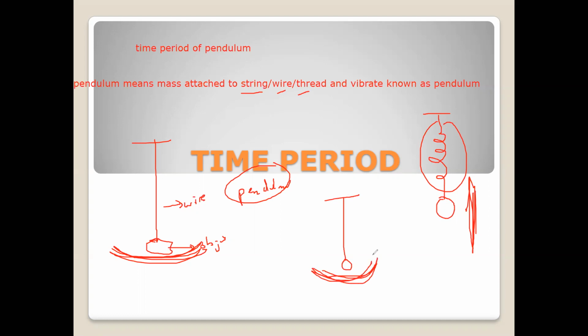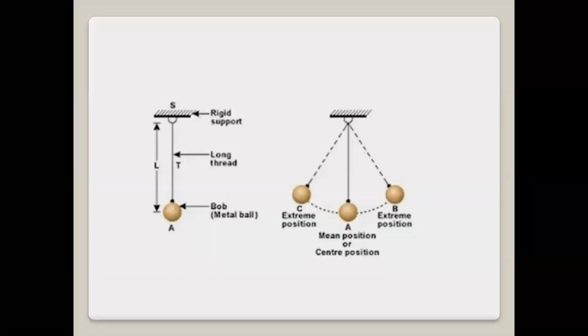So this is not a pendulum, this is a vibrating object, but this refers to a pendulum. Is it clear? Basically, an object which is attached with a wire or a string and vibrating, we call that object a pendulum.